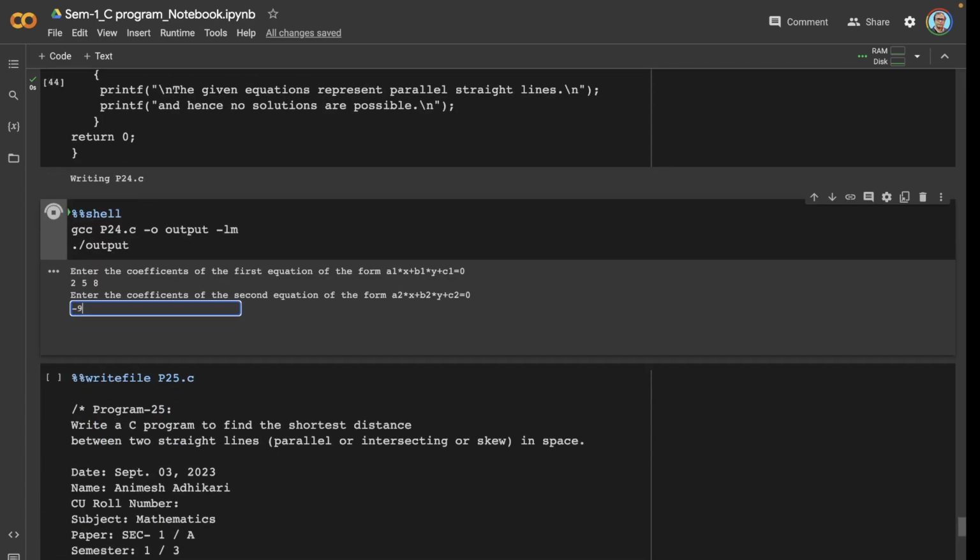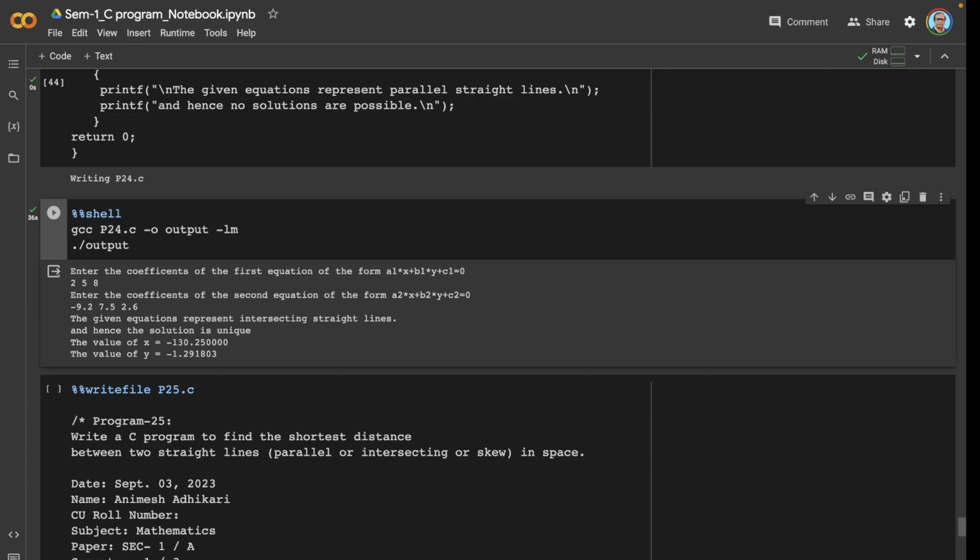So minus 9.2, 7.5, 2.6. Here the equation represents intersecting straight lines, hence the solution is unique, and the value of x is this and the value of y is this.